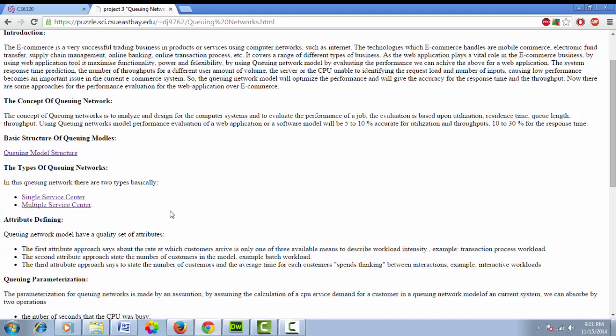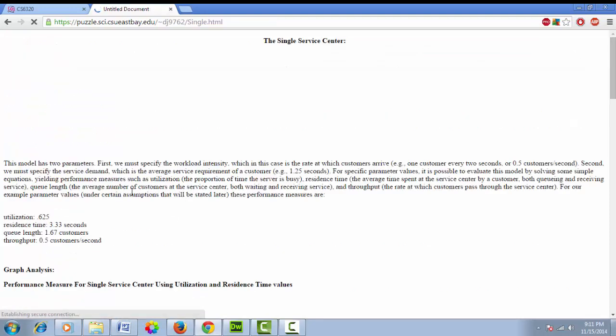Here are the types of queuing networks. There are 2 types of queuing networks: one is single service center, and the other is multi-service center. What is a single service center?